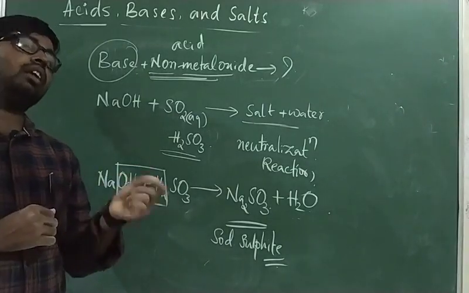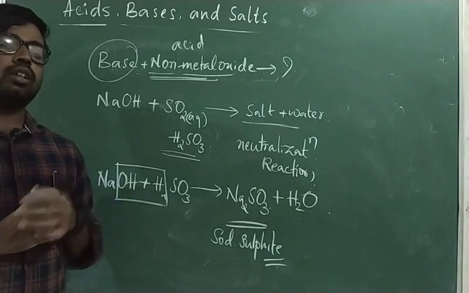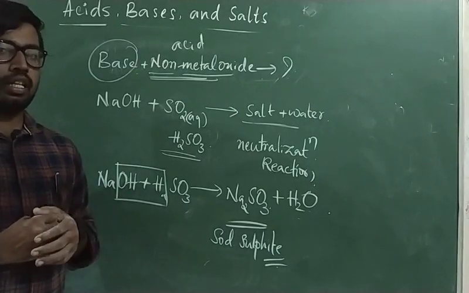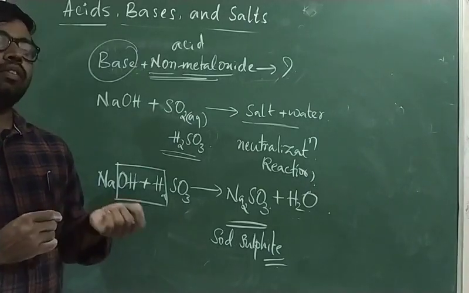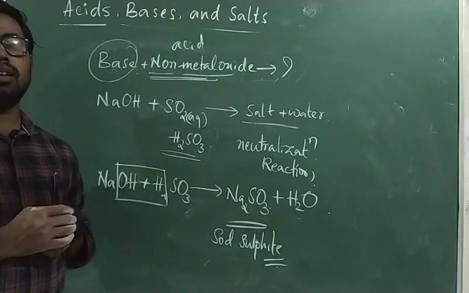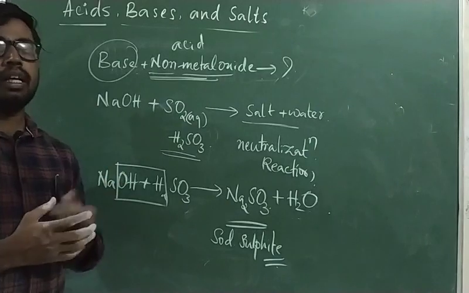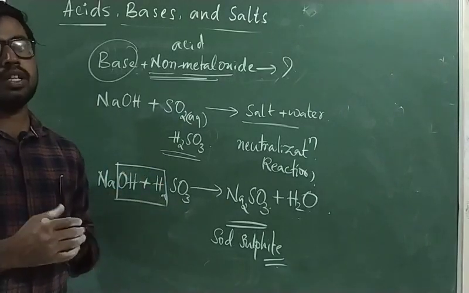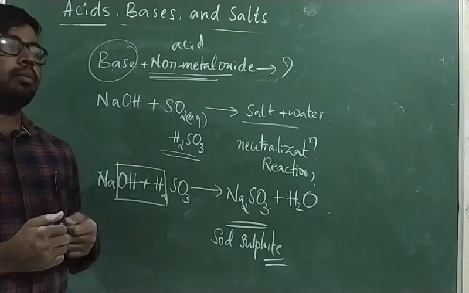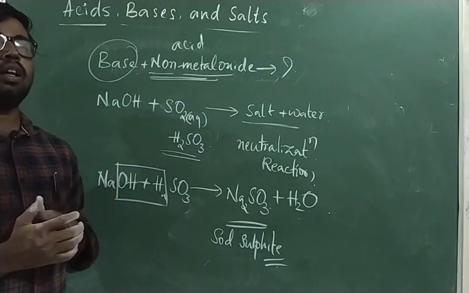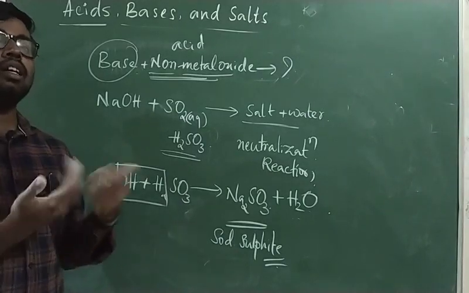If the candle goes off, it indicates the release of carbon dioxide gas. Similarly, if you keep a candle near where hydrogen gas is produced and it produces a pop sound, it indicates confirmation of hydrogen gas. If it is not so, the mixture is not liberating hydrogen gas, it will be some other gas.